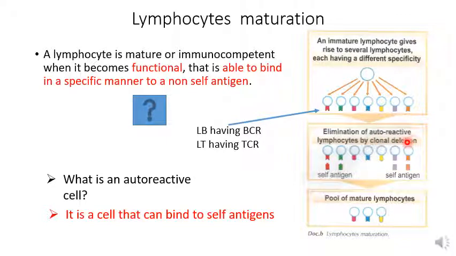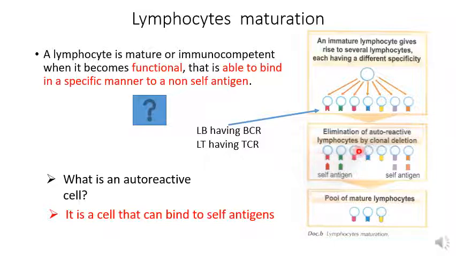What do we mean with clonal deletion? It's the deletion of clones of lymphocytes of this type, for example. So this lymphocyte carrying this receptor in red, of course we have lots of lymphocytes like this one. So we say these are clones of lymphocyte. Clones, identical copies.